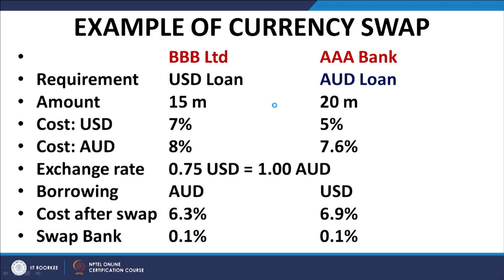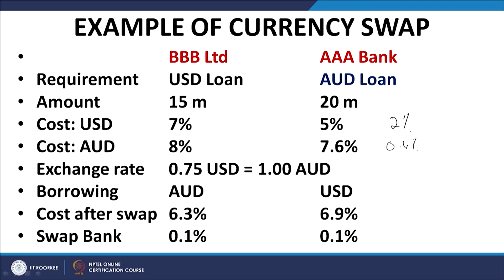It is quite clear that the differential here, as far as US dollars is concerned, is 2%, and the differential as far as Australian dollar is concerned is 0.4%.